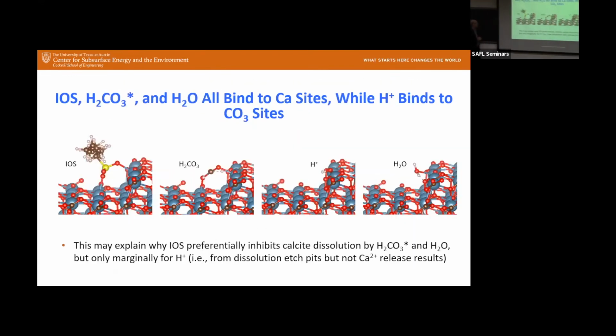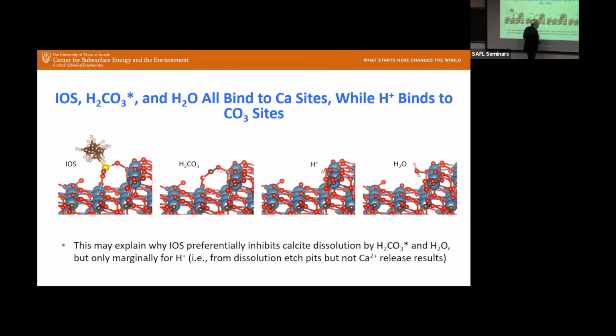All right. So we took a look more closely at where each of these individual species was absorbing. And what you find is that when you look at the IOS, the water, and the carbonic acid, they all bind to calcium sites. So here you see it binding to the big fat gray one, right? Here you see the carbonic acid absorbing to the gray one.